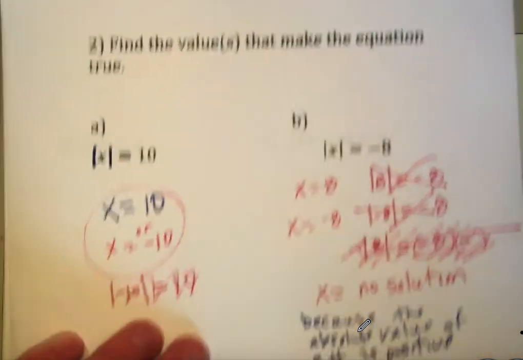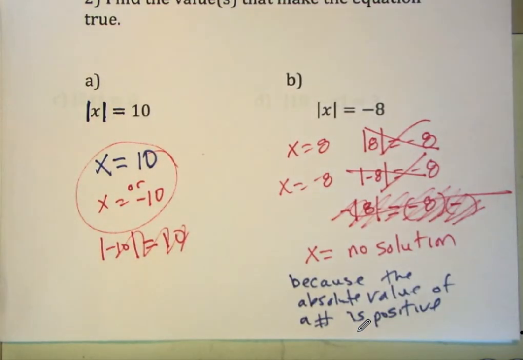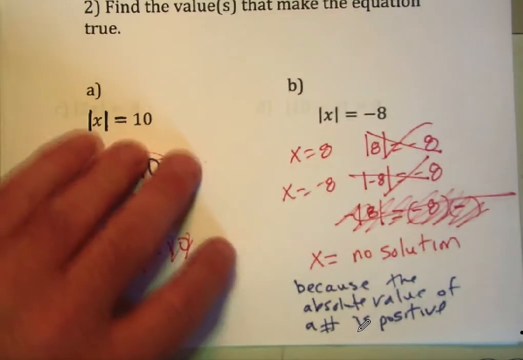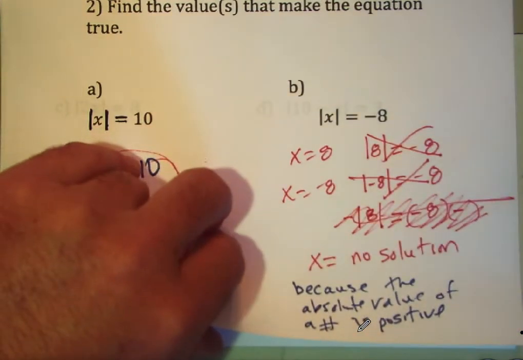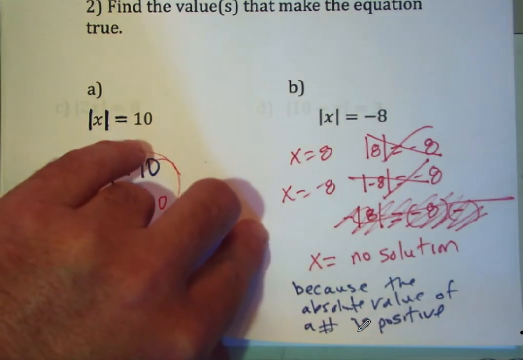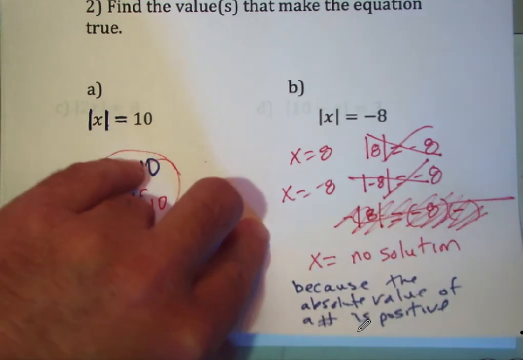It has to be positive. So the absolute value of a number is positive, so there is no real absolute value. Nothing works. Okay, so do we know how to undo absolute value yet? We do not know how to undo absolute value yet.